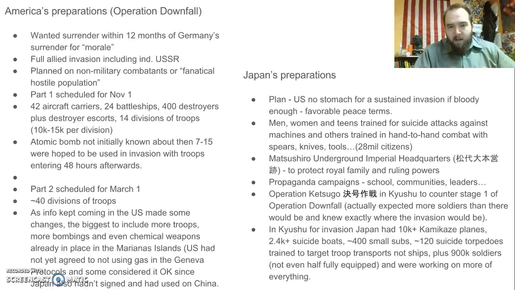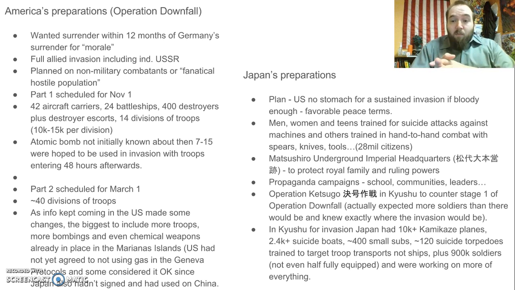As info kept coming in about what the Japanese strengths were, things like that, they kept changing this Part 2. At one point, they had seriously considered using chemical warfare. In fact, they had chemical weapons on Tinian ready to go. The U.S. hadn't signed the Geneva Convention at that point, as far as the part about using chemical weapons, and there were some people who believed it was turnabout is fair play since Japan had used it on China.